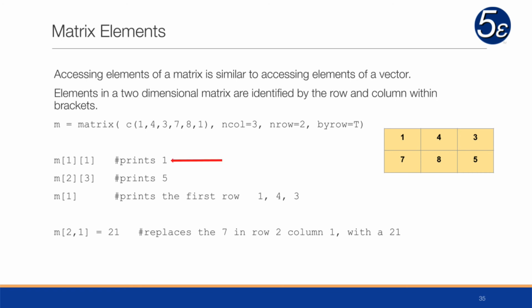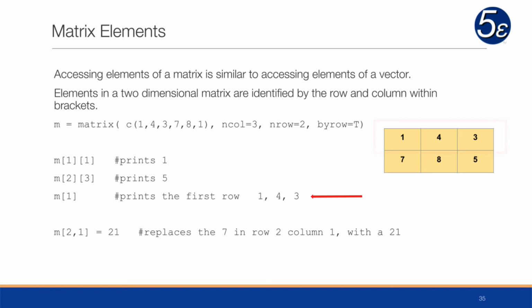So we have M[1,1], which will be the first row, first column, which would be a 1. We'll also have M[2,3], which would be the second row and third column, which would give us a 5. Finally, if we do M[1,] by itself, it's going to print the entire first row.